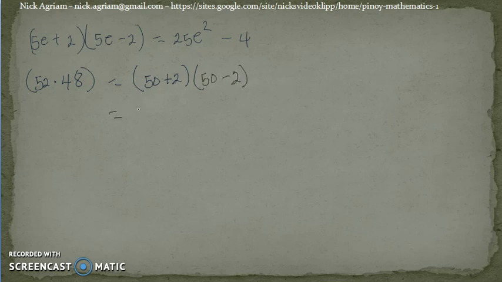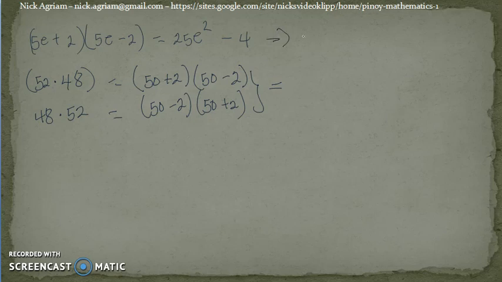Don't get confused when I change this one. For example, 48 times 52. That is 50 minus 2, and then 50 plus 2. Then these two are equal. You will get the same answer. It is like this one. You can express this one, 5e minus 2 multiplied by 5e plus 2. Then you will get the same answer as this one.